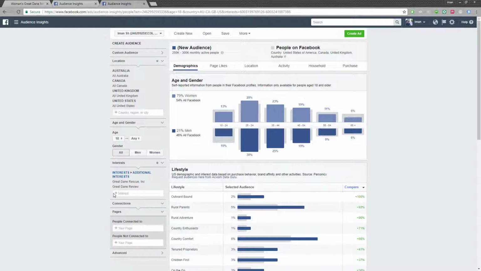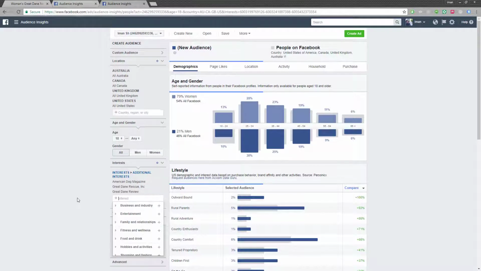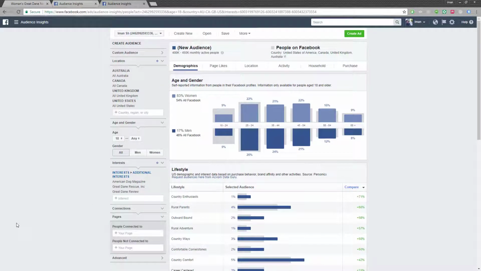But what we're going to do right now is look for, I know there's a magazine called American Dog Magazine. Here we go. And this is just to get a general idea of who our demographic is.